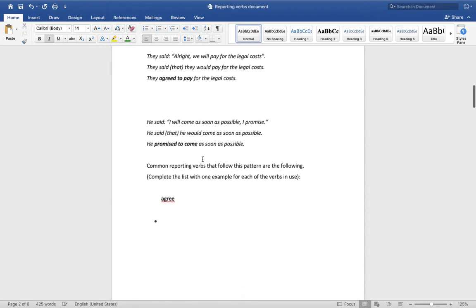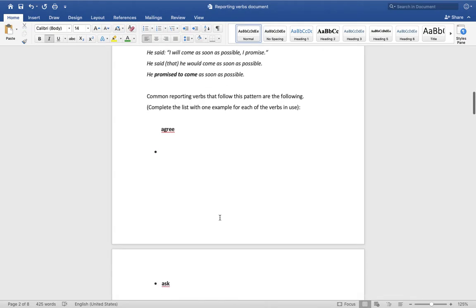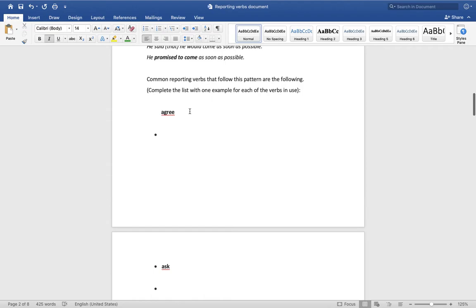Okay, so I hope that's more or less clear. What I'm going to do now is exemplify with one more reporting verb for each category. So you have here common reporting verbs that follow this pattern are the following. These are 8. Those are the 8 verbs you have to memorize for this group.